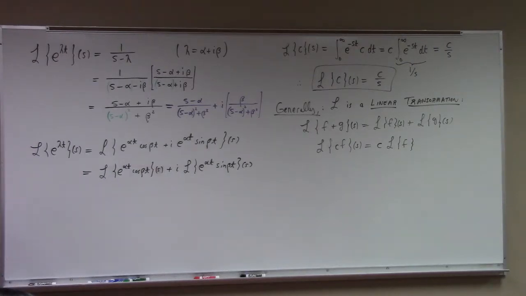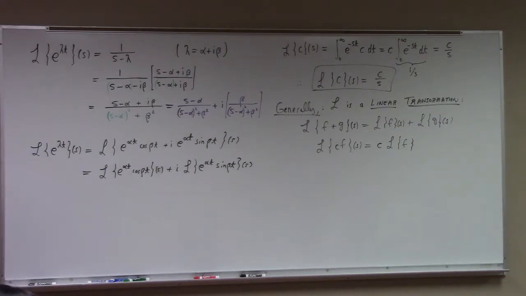So we have calculated the Laplace transform of e to the lambda t, but we've also understood that the Laplace transform of e to the lambda t contains within it the Laplace transforms of exponentials times cosine or exponentials times sine. And these two expressions I've just derived have to be equal, right?